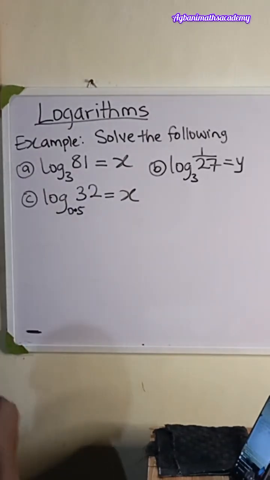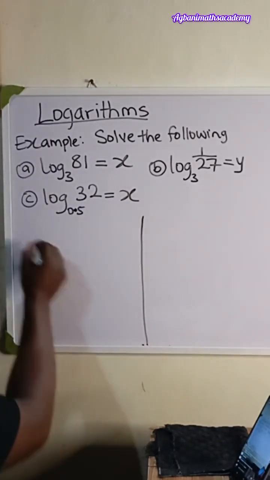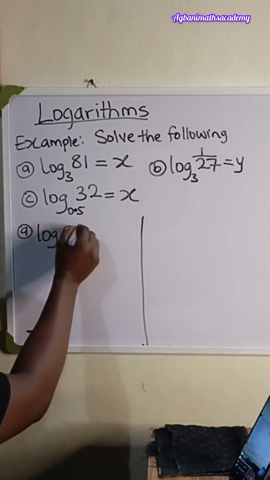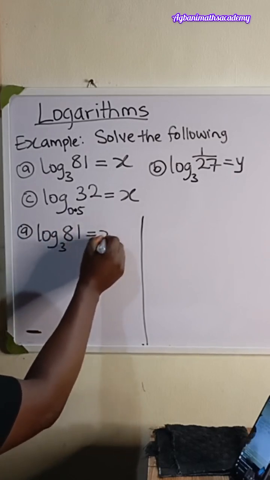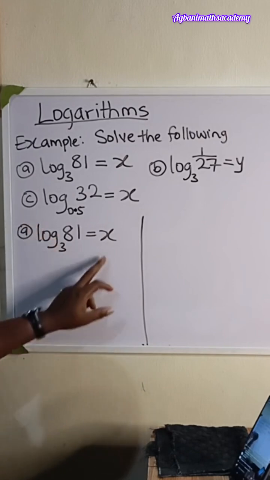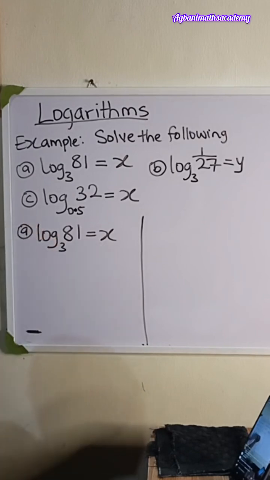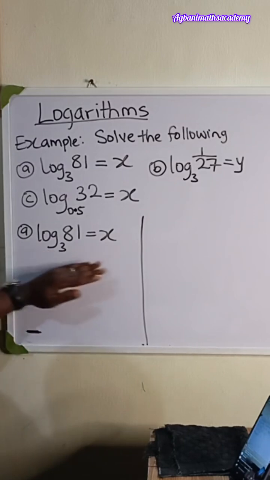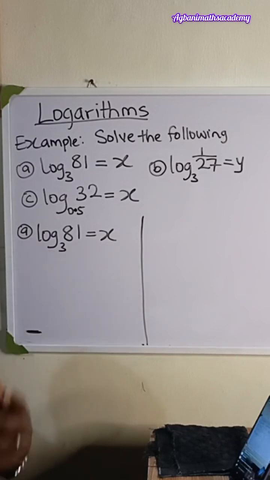So let's look at the first one. A: log 81 base 3 is equal to x. In order to solve this question and find the value of x, what we need to do is convert this arrangement in logarithm to indices.